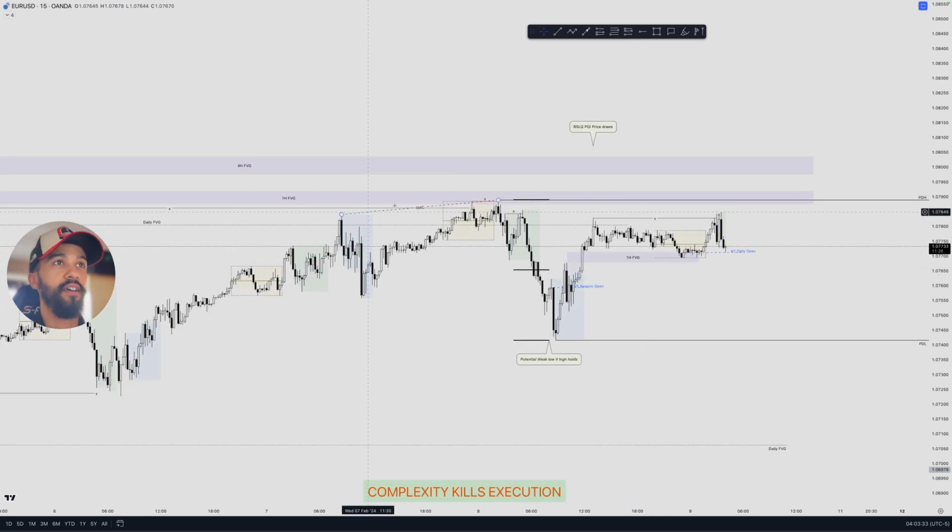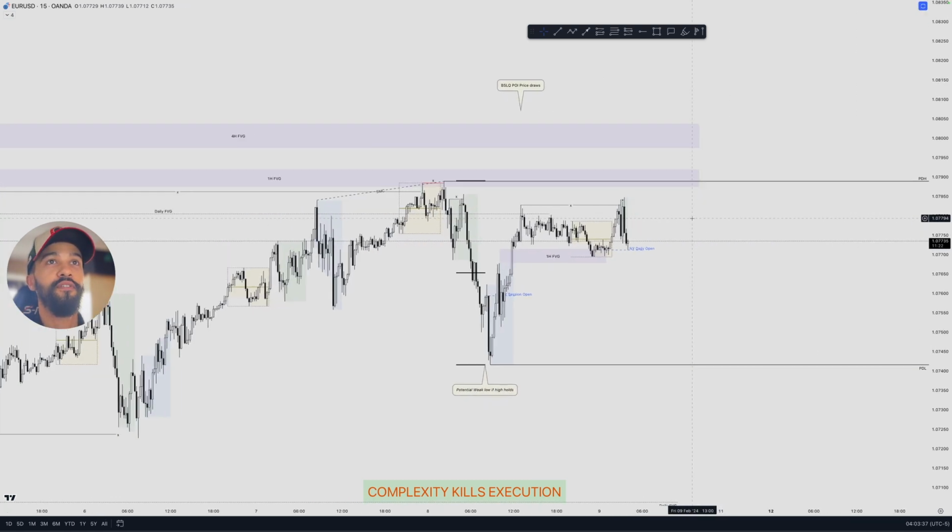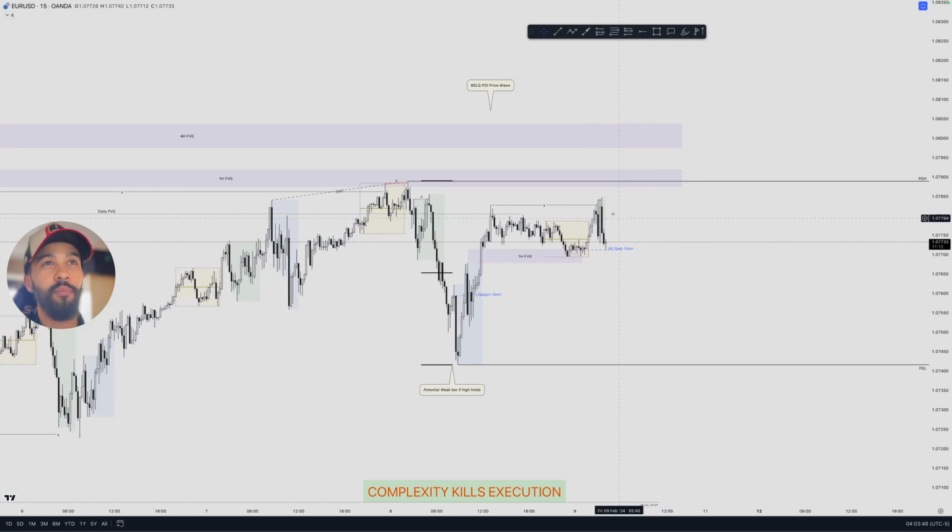We still have our SMC divergence intact at the top here. So on the 15-minute, you can see how we've gone above Asia and Frankfurt and London Open, swept these previous highs here. So we've swept internal buy side liquidity, and we are breaking down, but I do want to see this low go.